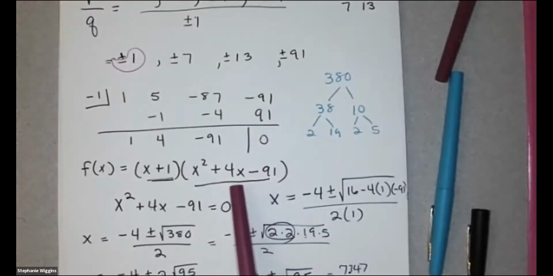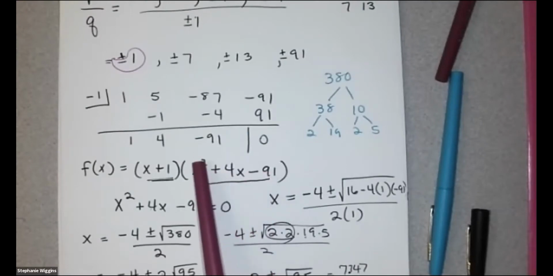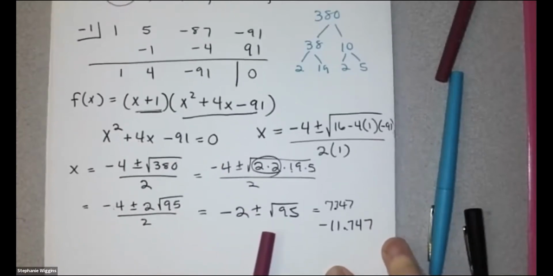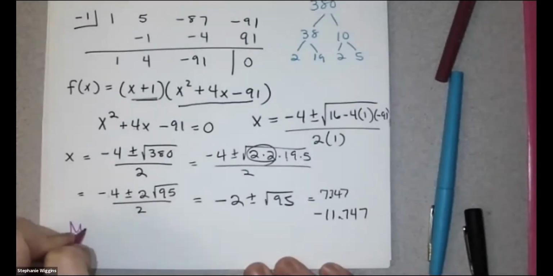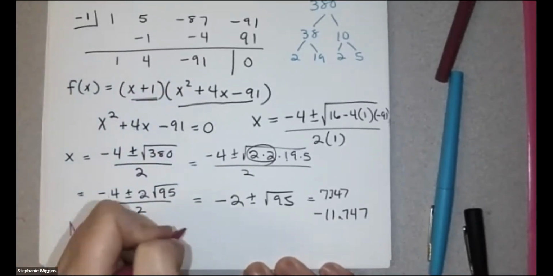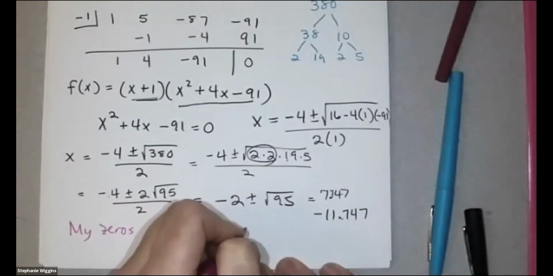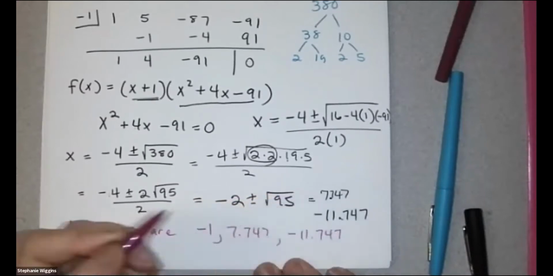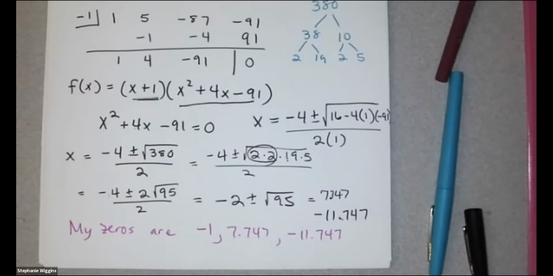So I used the quadratic formula on this because I'm finding the zeros. So I set this equal to 0. I'm solving this equation here using the quadratic formula. So my zeros are -1, 7.7, I think that's 7.747, and -11.74. Hold on, let me just check that real quick. Yep, that's right. Okay.